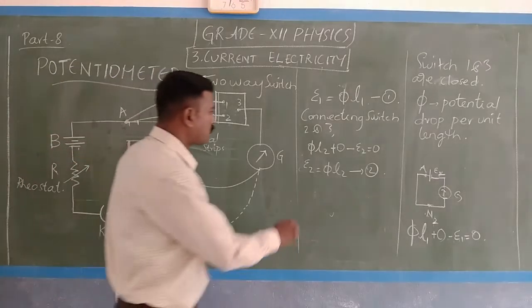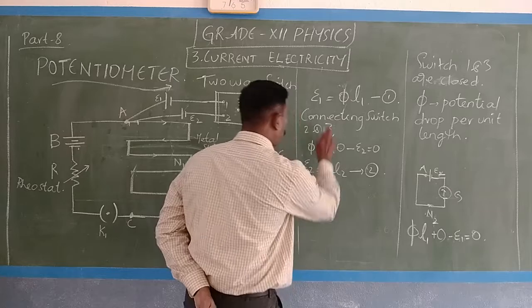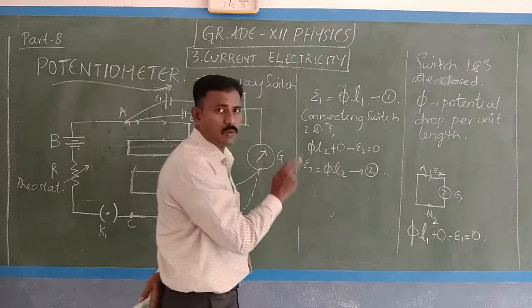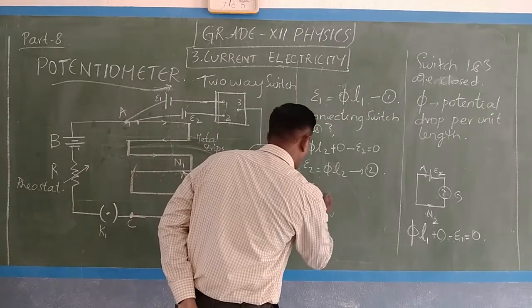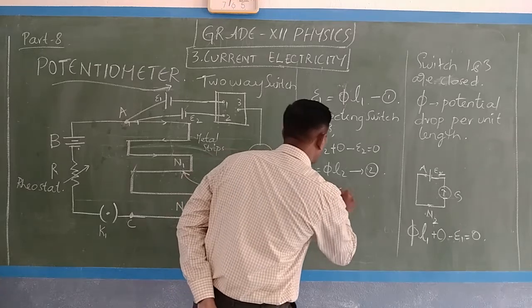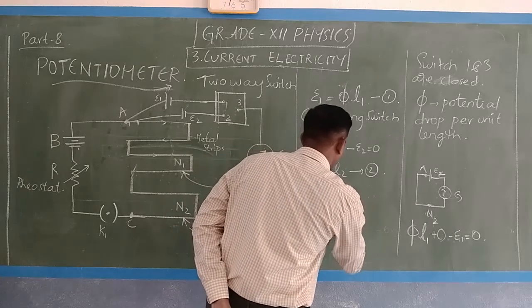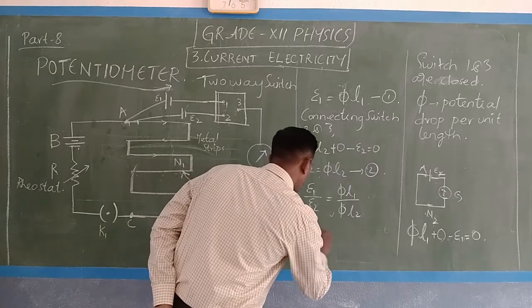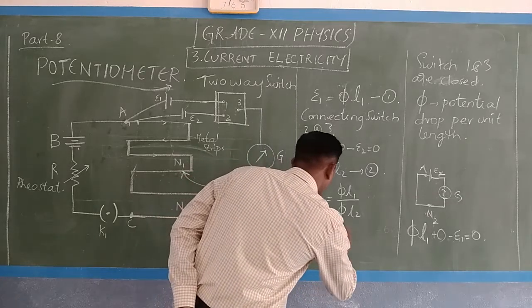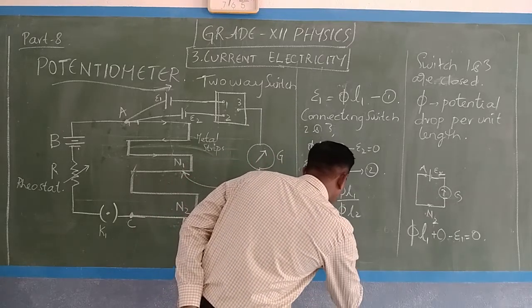Then I am dividing equation 1 by 2. What do I get? E1 by E2 equal to phi L1 by phi L2. So E1 by E2 equal to L1 by L2.